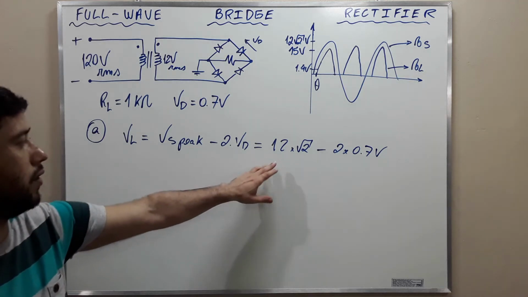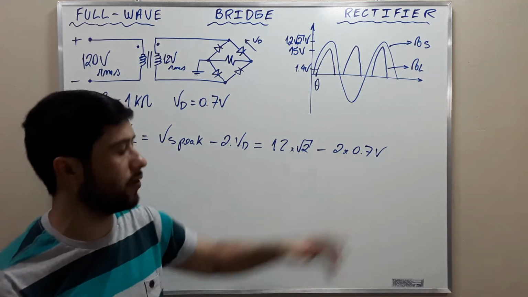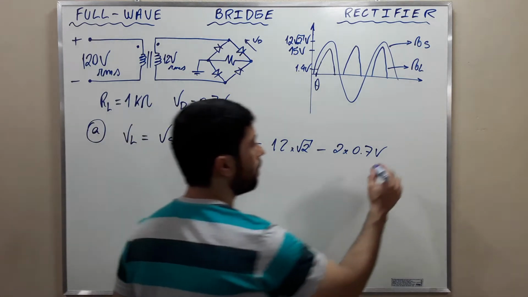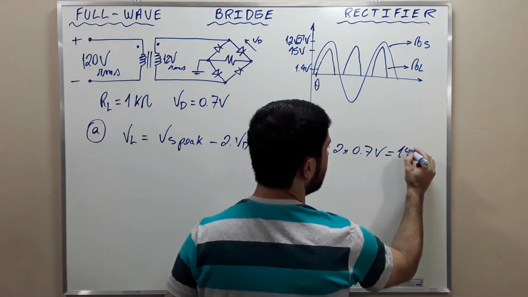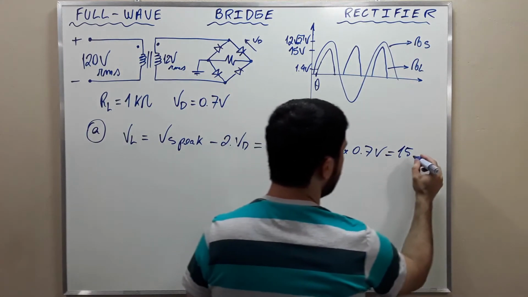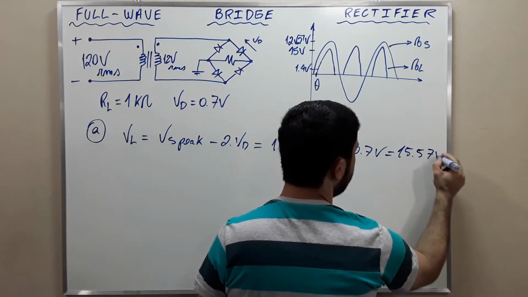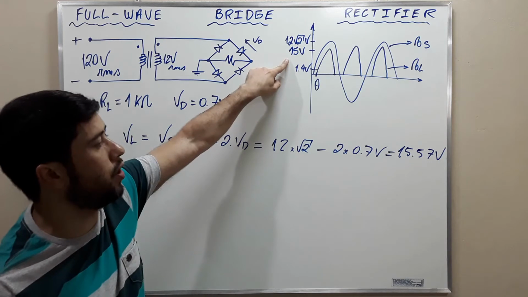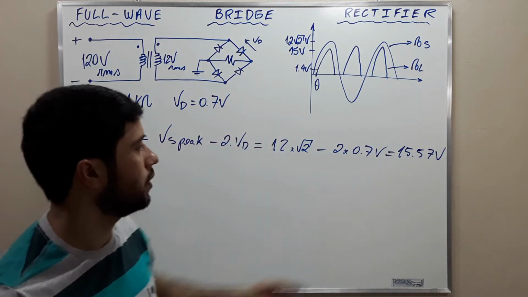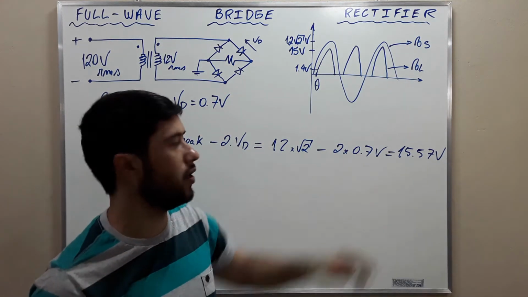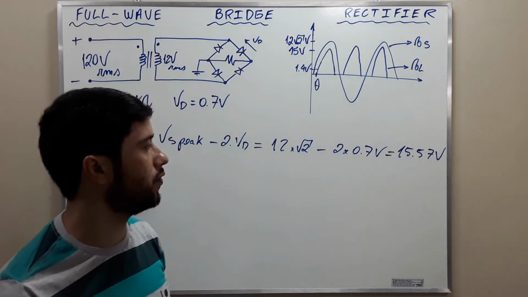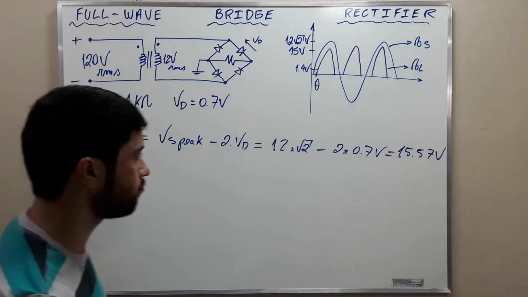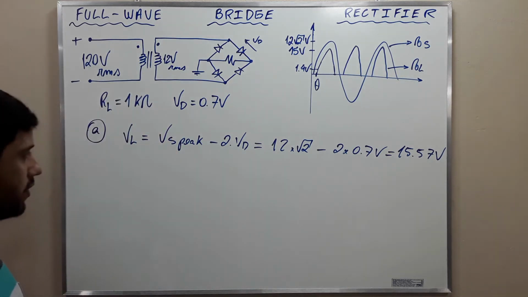And if we multiply this and subtract from this, we find 15.57 volts. Here I put only 15 volts, it's approximate. The actual value is 15.57 volts. Okay, this is letter A.